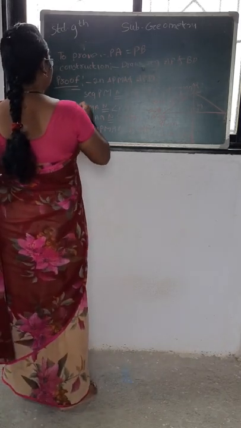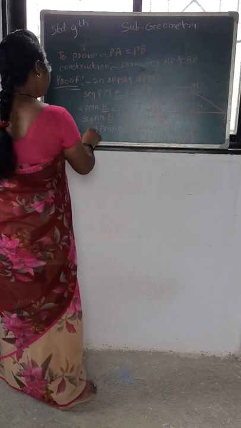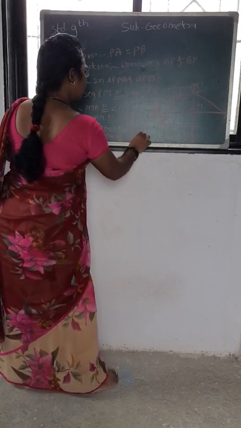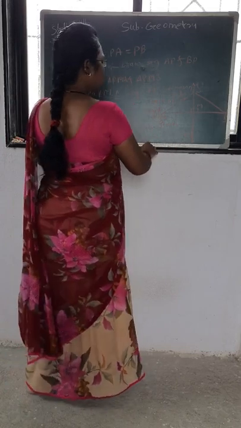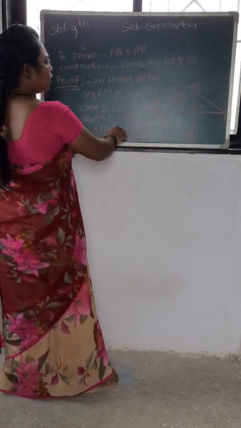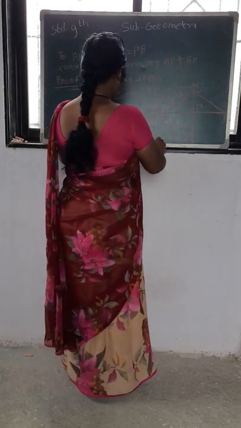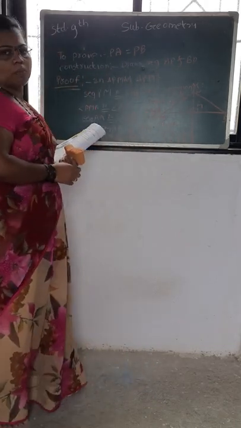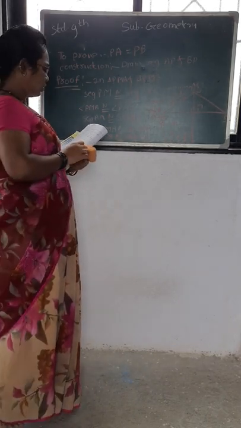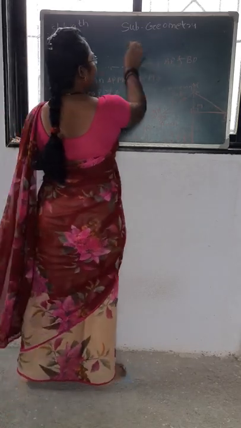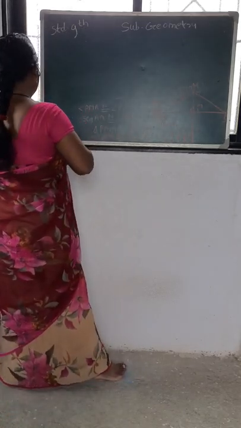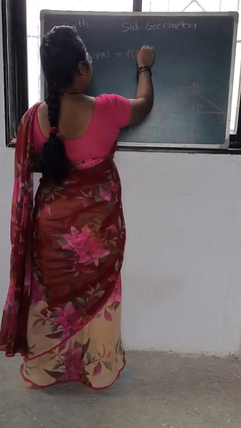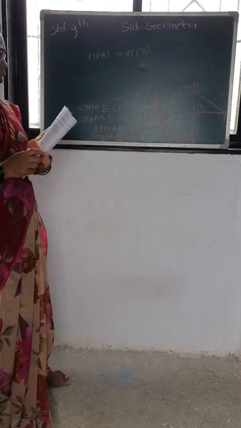Therefore, segment PA is congruent to segment PB, because these two triangles are congruent and their remaining sides are congruent: congruent sides of congruent triangles. Therefore, the length of PA is equal to the length of PB.